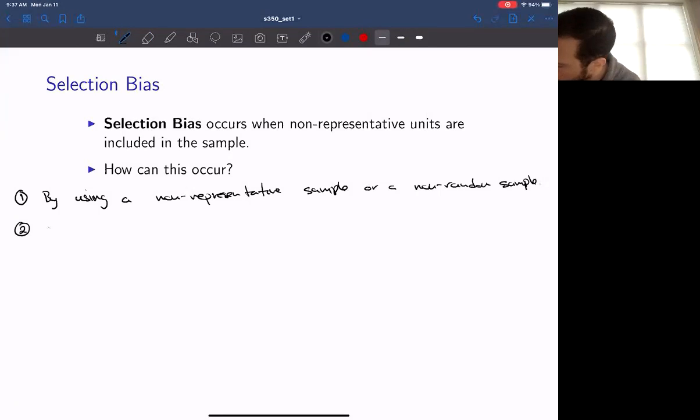Selection bias can also occur if we misspecify the target population.